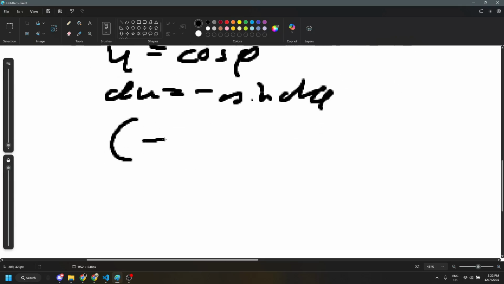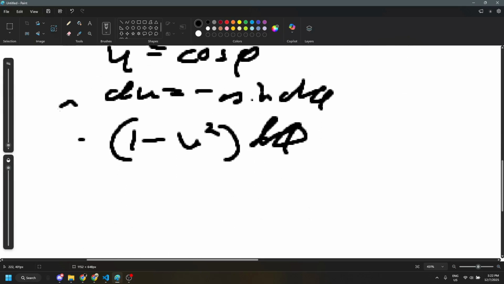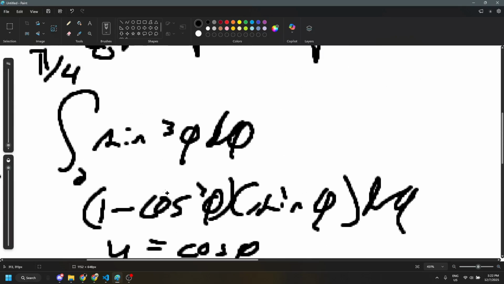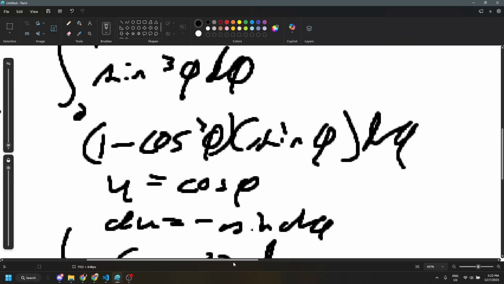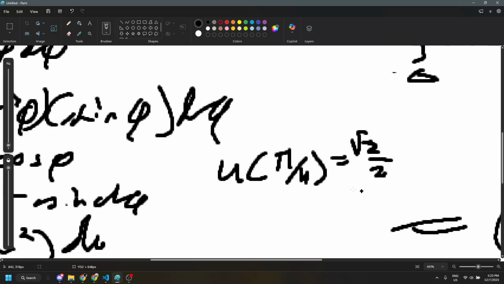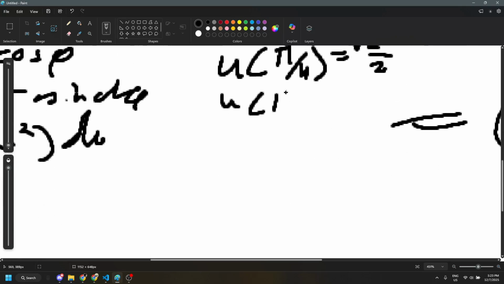So we get 1 minus u squared du, from u of pi over 4, which is root 2 over 2, and u of 0, which is 1.